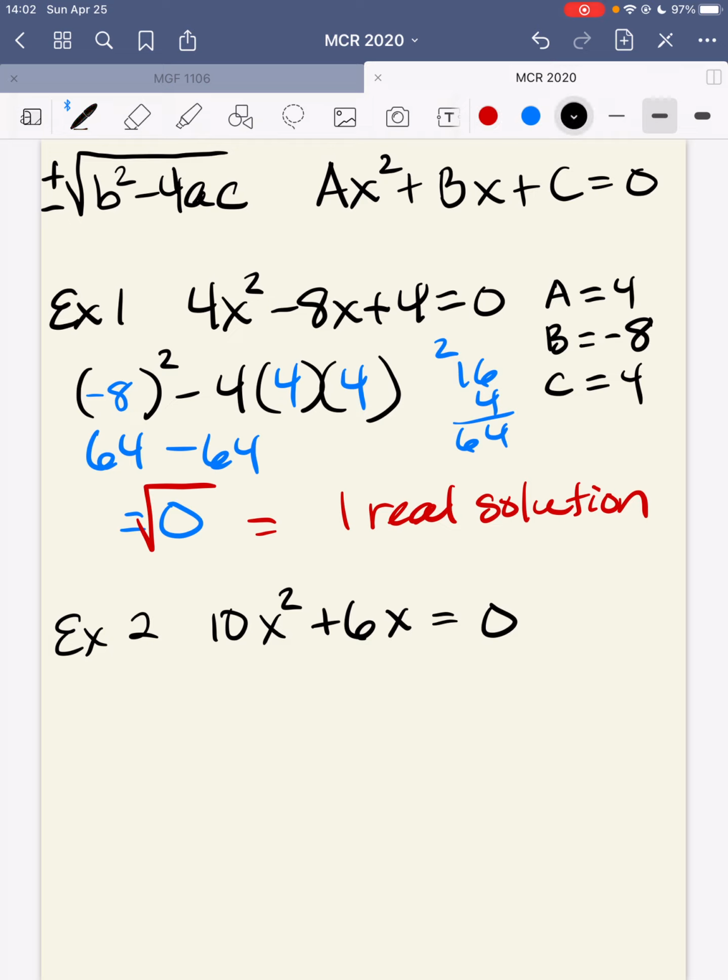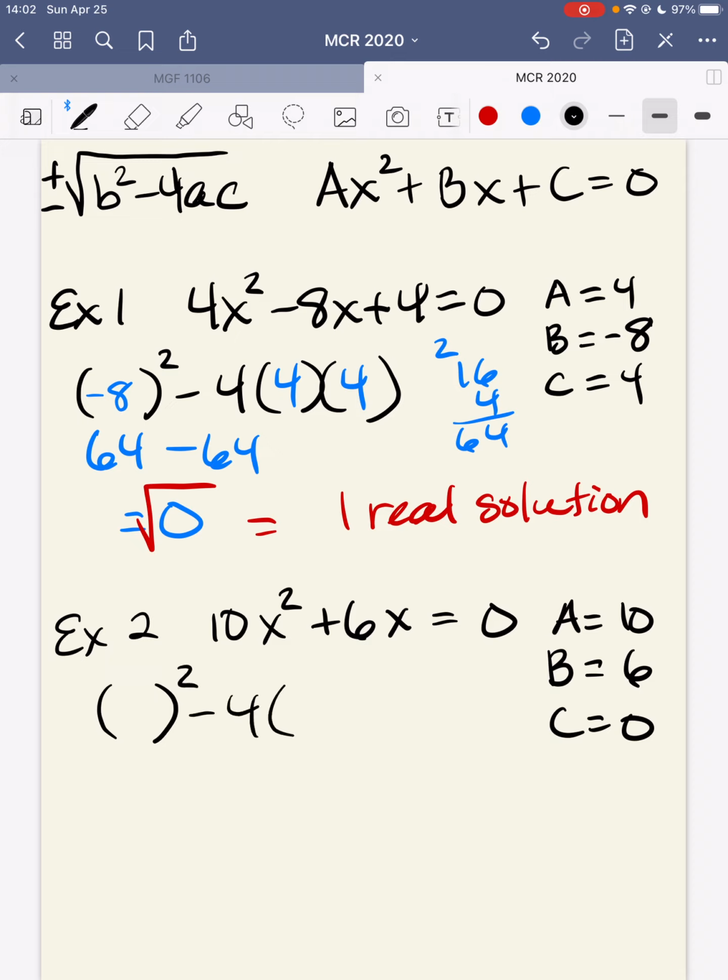All right, let's go ahead and look at example 2. So A is equal to 10. B, my x term, is equal to 6. And C is equal to 0. Okay, I have no C. All right, going ahead and creating my skeleton. So I could just place my numbers. And I have B squared, so 6 squared, minus 4 times A is 10.